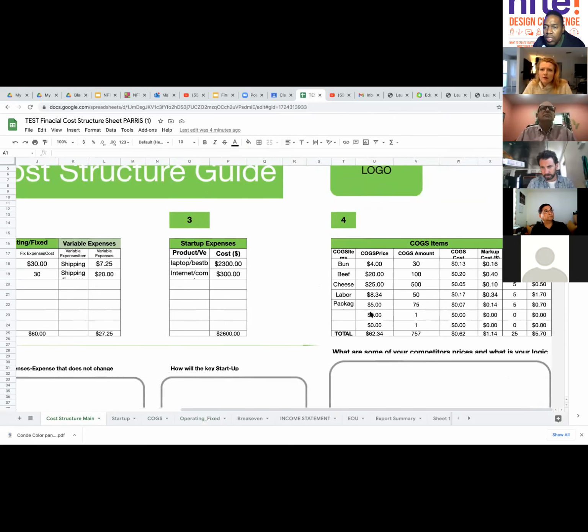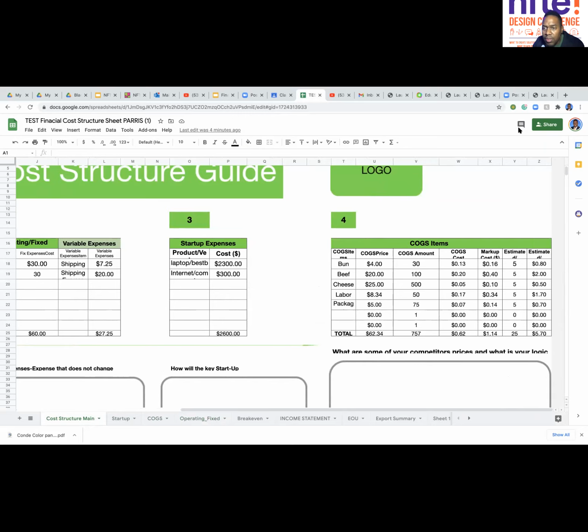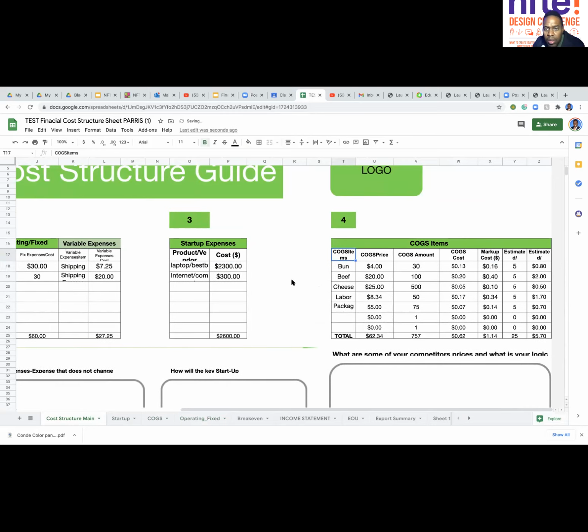Okay. So this particular piece, let me show you real quick. This is the cost of the product. This is the item. Let's say we're making a burger. I'm just giving you a walkthrough here. The bun.